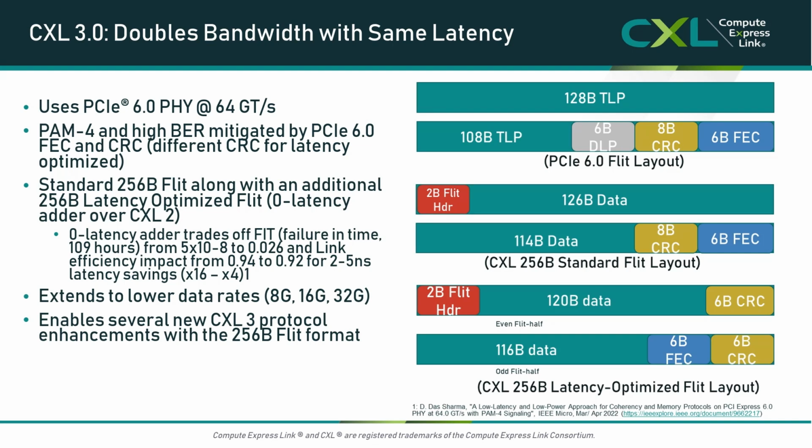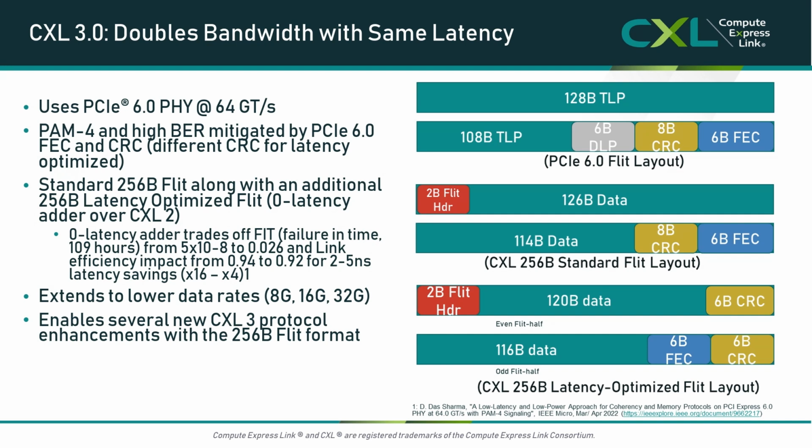We also have another layout that we call latency optimized that allows the receiver to pull the data quickly and start processing it before the entire 256 bytes are available. So you end up with two chunks, or what we call two flit halves, that transfer data. In some applications where latency is paramount, this format can be used.